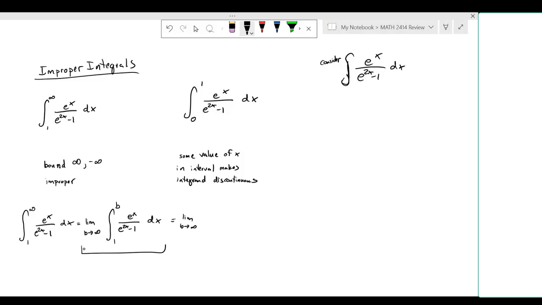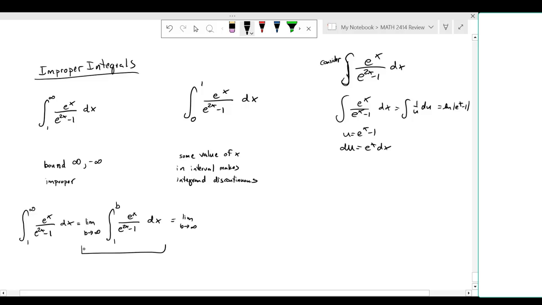I wish. Yeah, if it were something like this, then it's no problem, log, because if you let u be the denominator, du is just e to the x dx, so that's the numerator. So in that case, you'd get a log. But unfortunately, here we have e to the 2x.